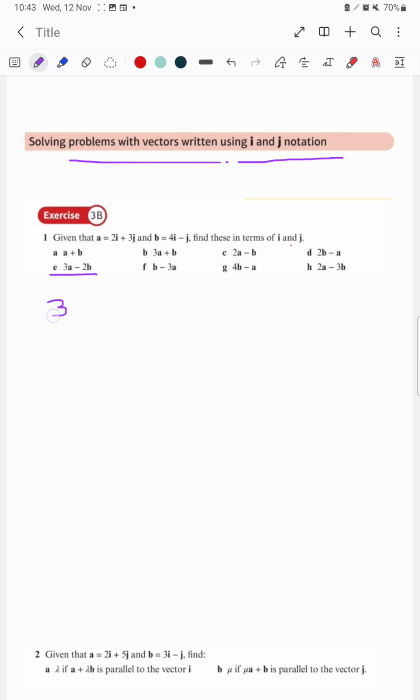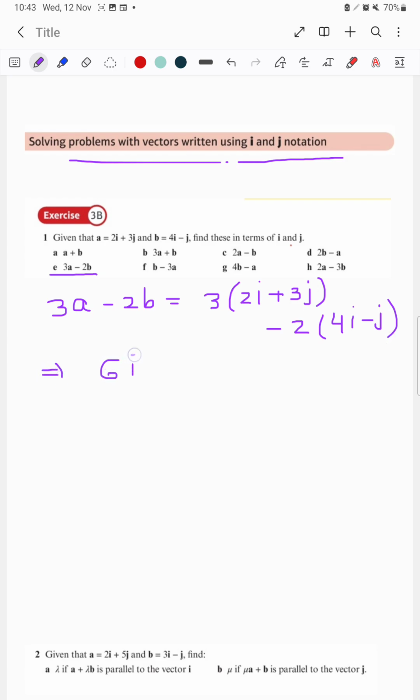So e is given as 3a minus 2b, that is equivalent to 3 times vector a, which is 2i plus 3j, and then minus 2 times vector b, which is 4i minus j. Now this is going to be 6i plus 9j minus 8i plus 2j.